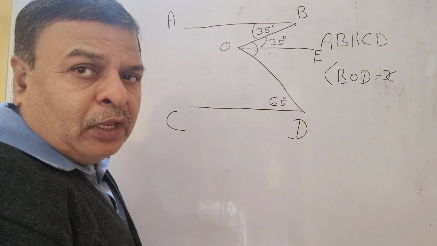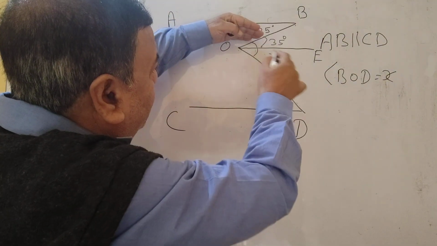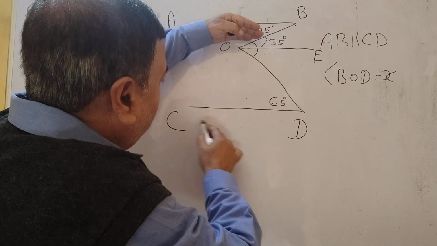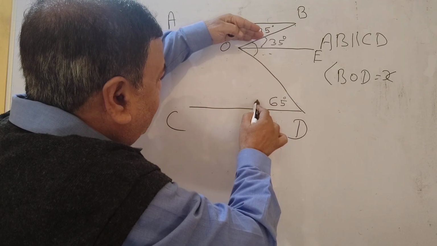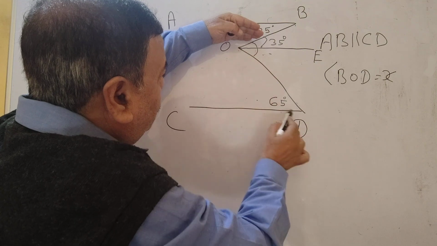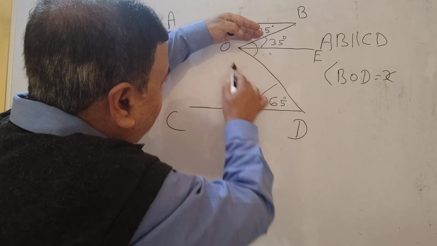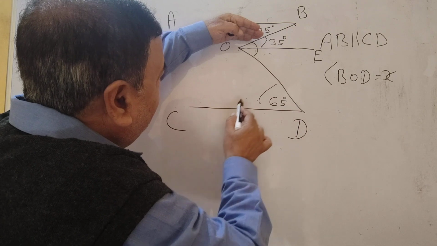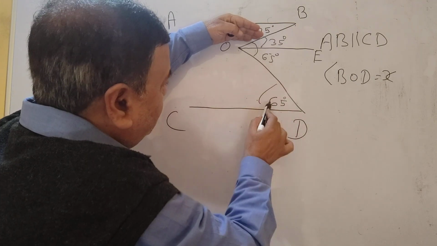Okay. Now this part, forget about this part. Now OE is parallel to CD. Similarly, now this angle and this angle, EOD and this angle which is ODC will be equal. So this is 65 because this is also 65.